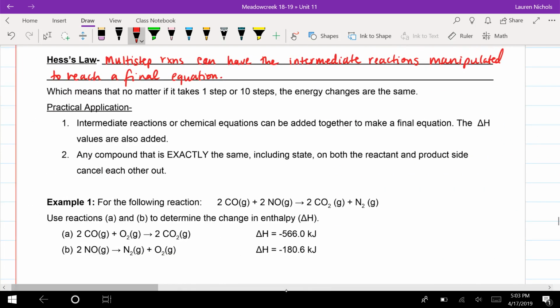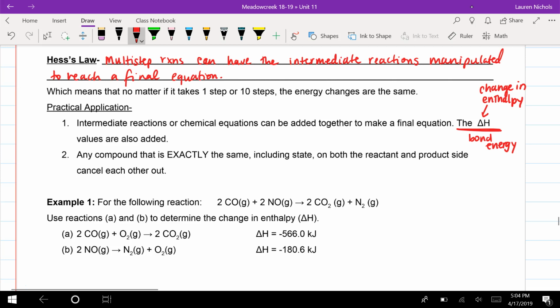And so what happens is your delta H, which stands for change in enthalpy, is your bond energies. There are energies required to break bonds, and energy that gets released when bonds form.